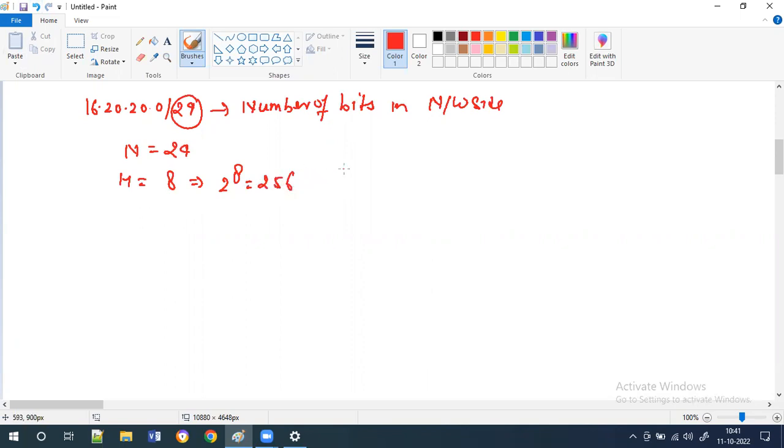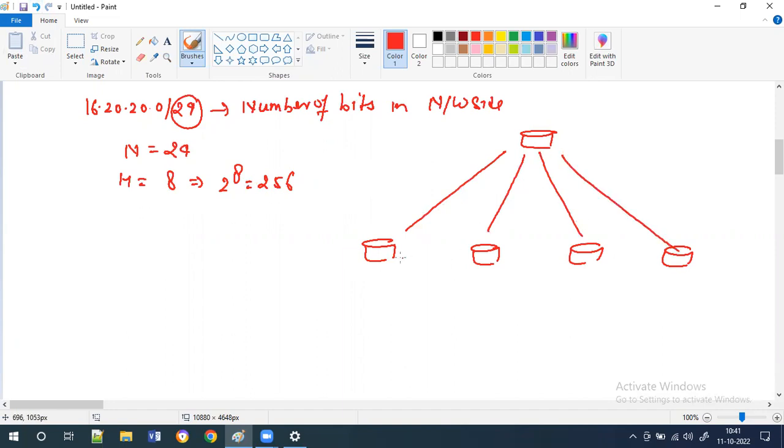Right? So if you remember the diagram, one network we need here, second here, third here, fourth here, fifth, sixth, 7, and 8.